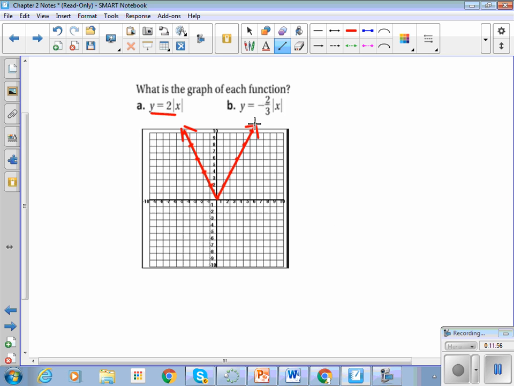All right, let's see how that applies to negative 2/3 absolute value of x. So we're again going to start right here at the origin. Make it blue. This guy is blue. And I am going to go down 2 over 3.